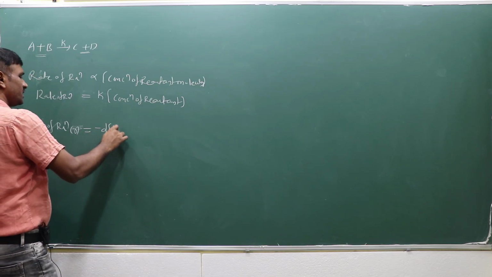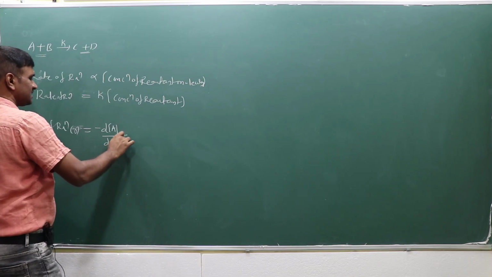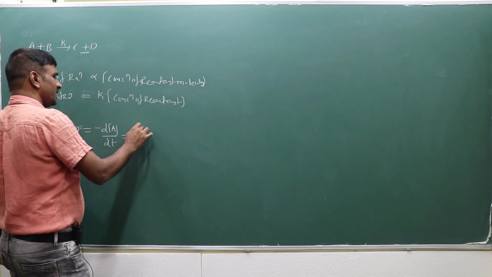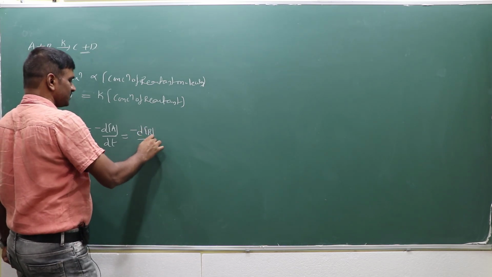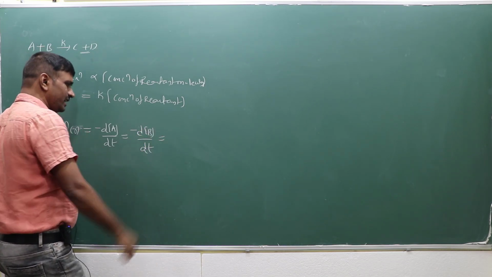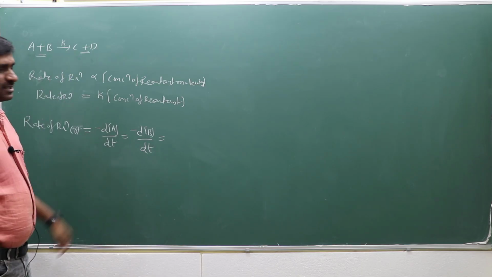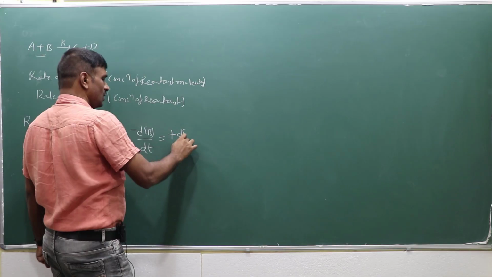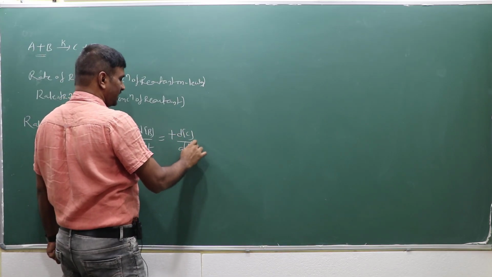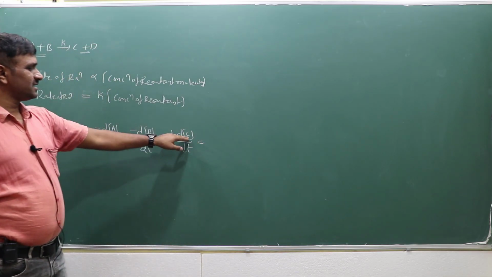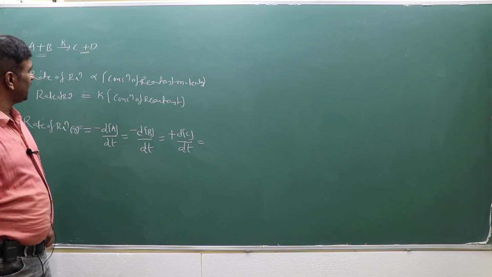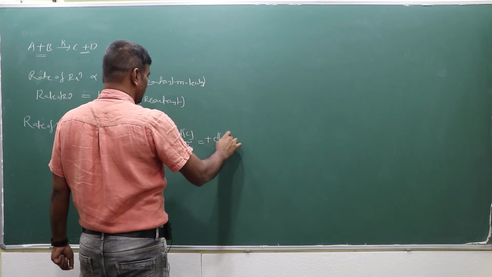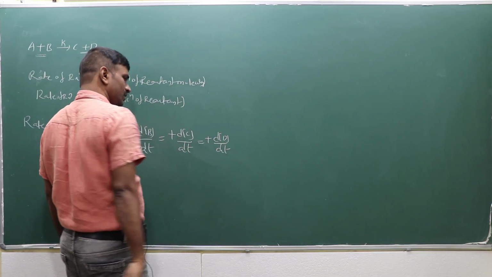The concentration of reactant molecule A decreases, so we use minus dA by dt. The concentration of reactant molecule B decreases, so we use minus dB by dt. The concentration of product molecule C increases, so we use plus dC by dt. And for the other product molecule D, we use plus dD by dt.